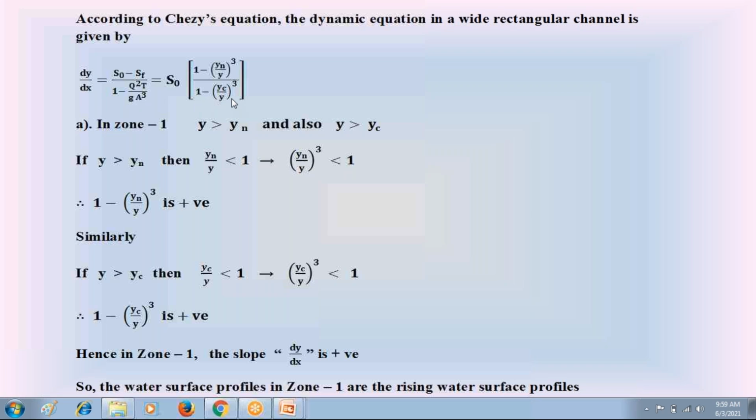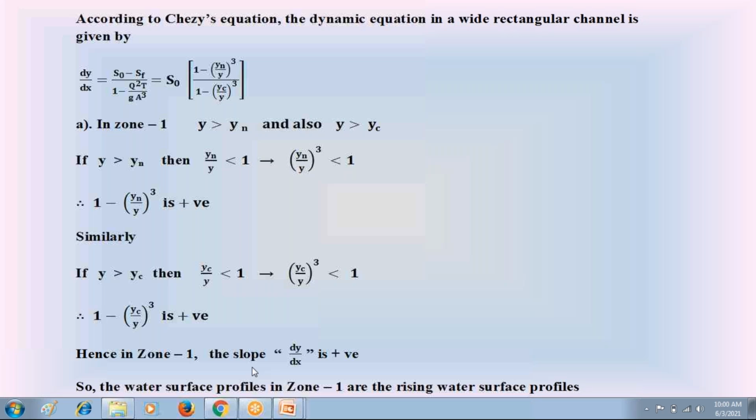So in zone 1, in this dynamic equation, the numerator 1 minus yn by y whole cube is positive, and the denominator 1 minus yc by y whole cube is also positive. Since both are positive, in zone 1, this slope dy by dx is positive.